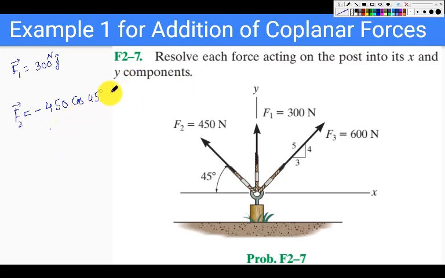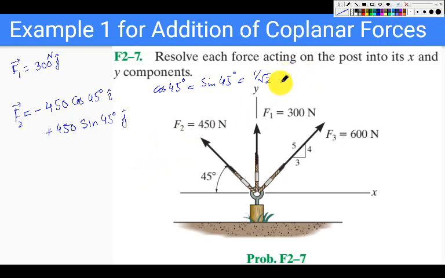This component is in the I hat direction, plus 450 times sine of 45 degrees, the j hat component. And we know that cos of 45 is equal to sine of 45, which is just equal to 1 over square root of 2.